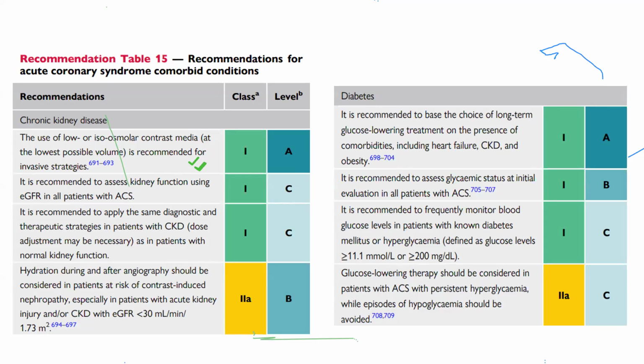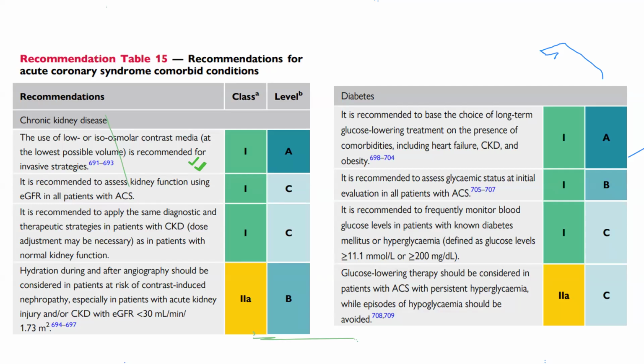Now, for patients with diabetes, it's recommended to base the choice of long-term glucose-lowering therapy treatment on the presence of comorbidities, including heart failure, CKD, and obesity. It is recommended to assess glycemic status at initial evaluation of ACS.